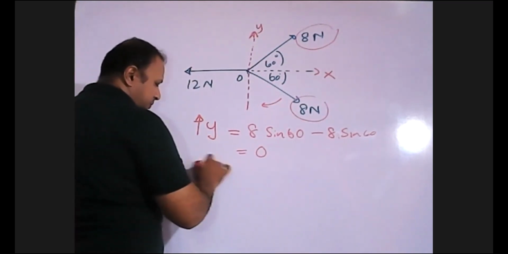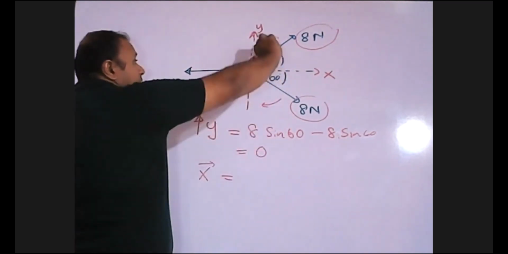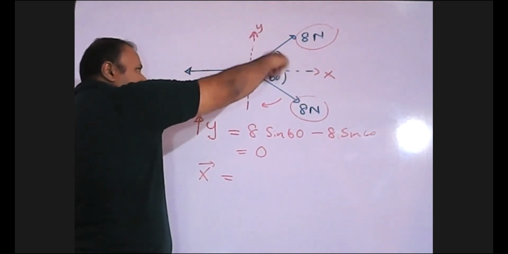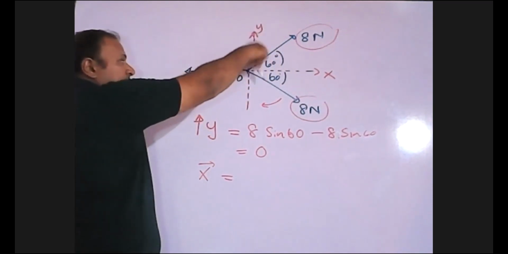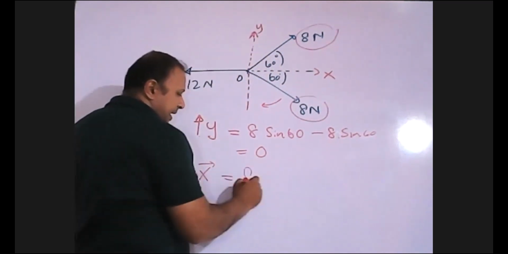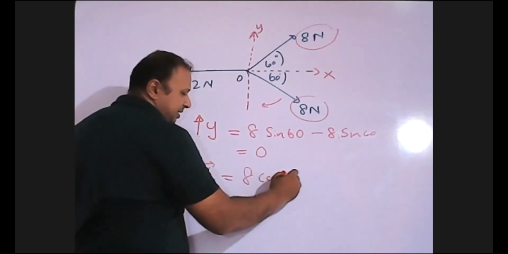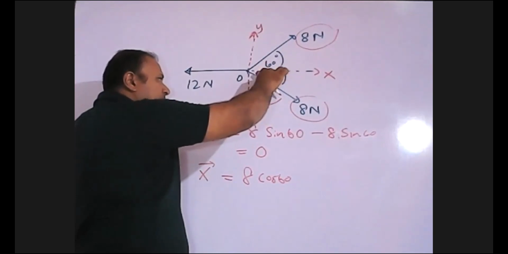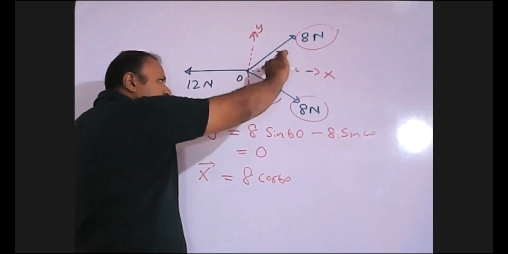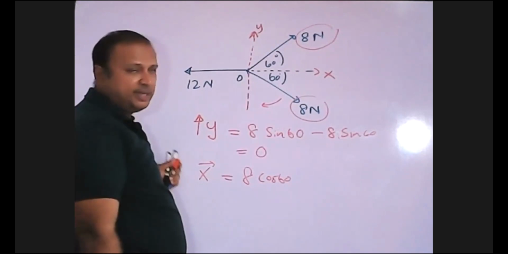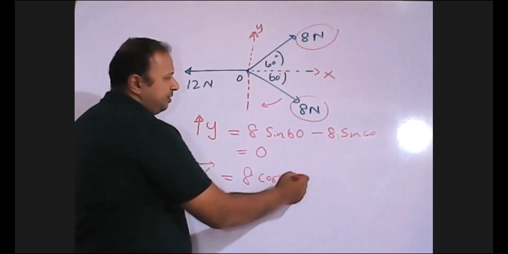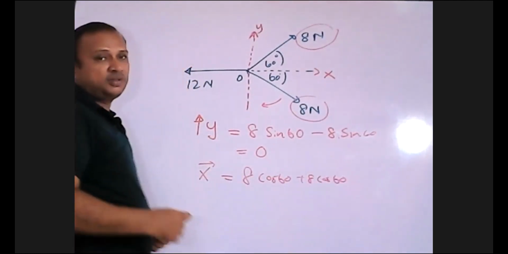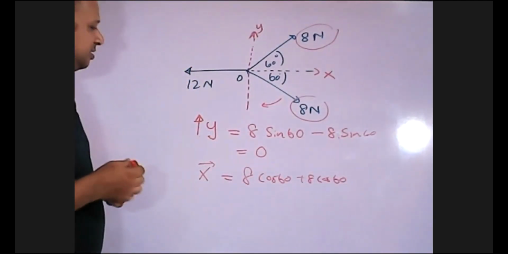Now, the x component. You have to bend this 8 Newton force into the direction of the angle. Therefore, it is 8 cos 60. Then again, you have to bend the other force into this direction, so plus 8 cos 60.